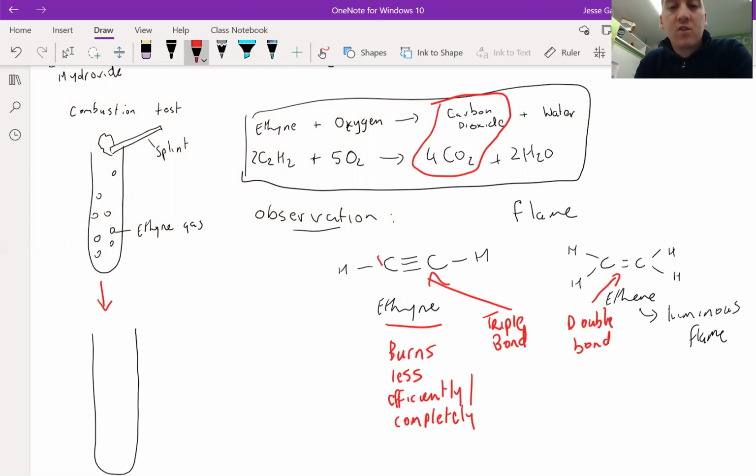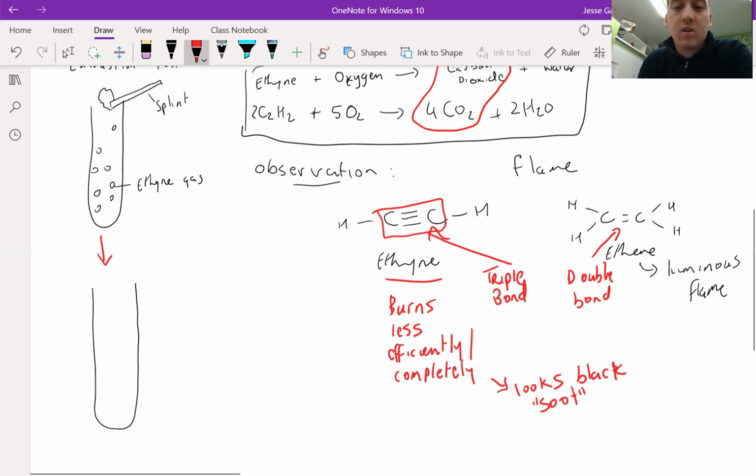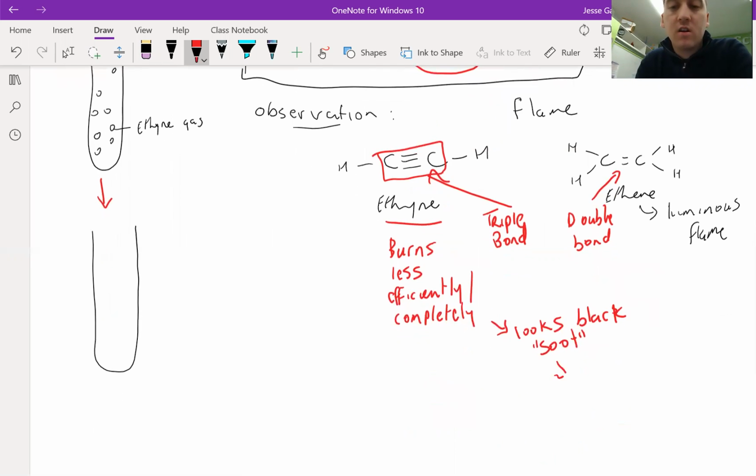So because of the triple bond, this carbon actually doesn't burn completely as ethene does, which means it looks black, like soot or smoke. And you get soot or smoke.